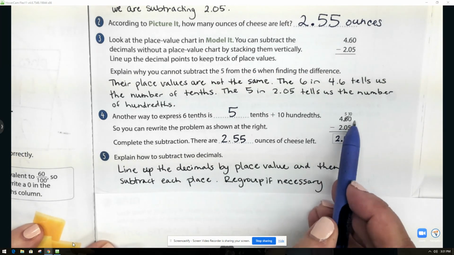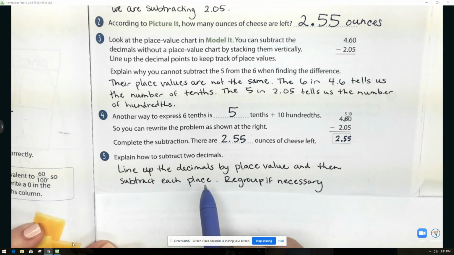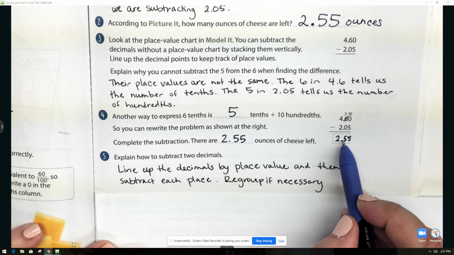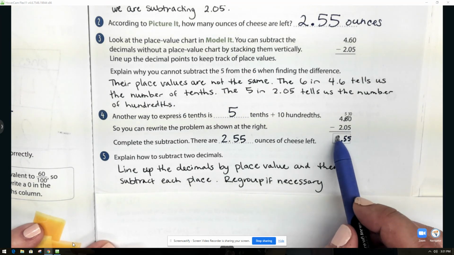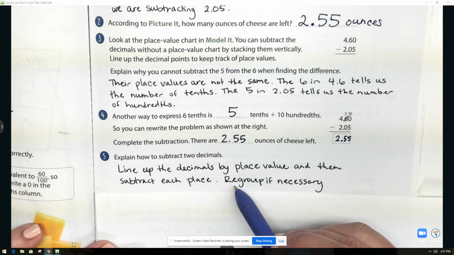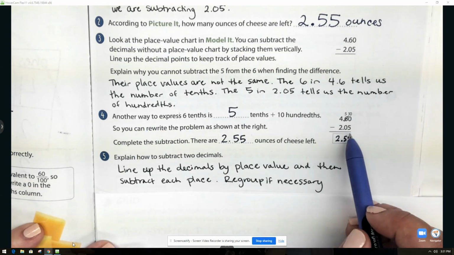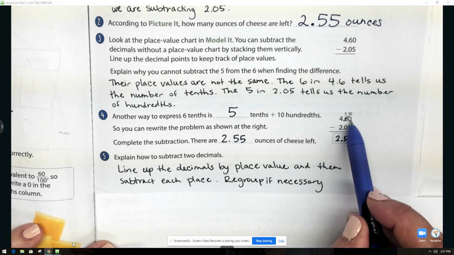We line up the decimals by place value, and then we subtract each place. So we have our hundredths, our tenths, our decimal points, and then our ones. And then we subtract each place value, and in this case, we do need to regroup if necessary. And we did need to regroup because we could not take 5/100 away from 0/100.